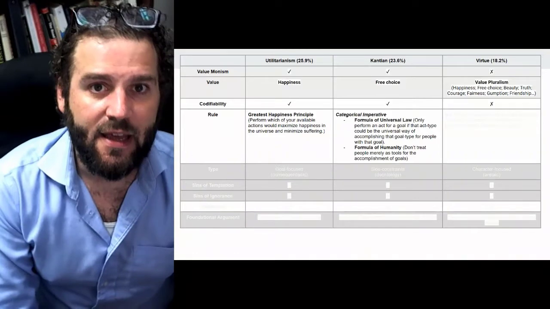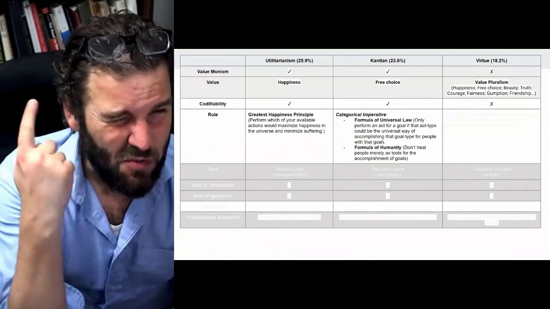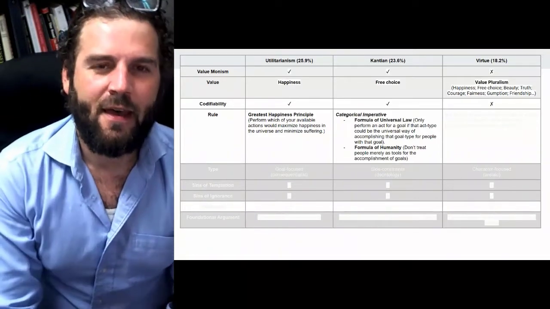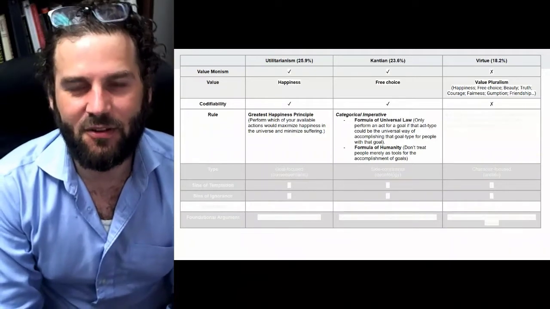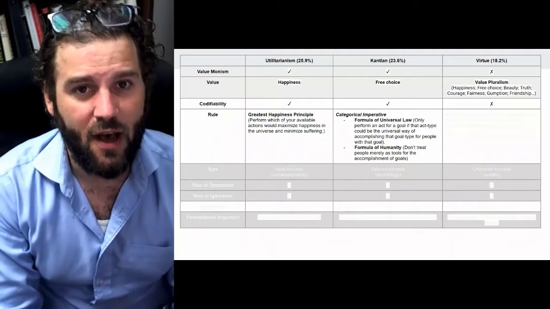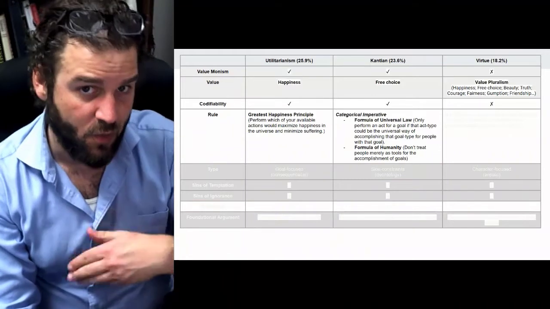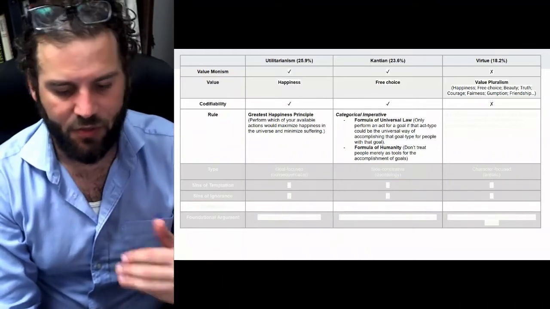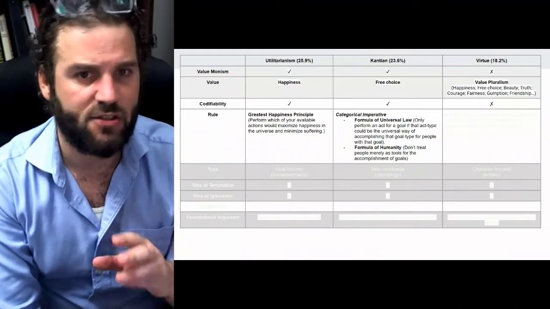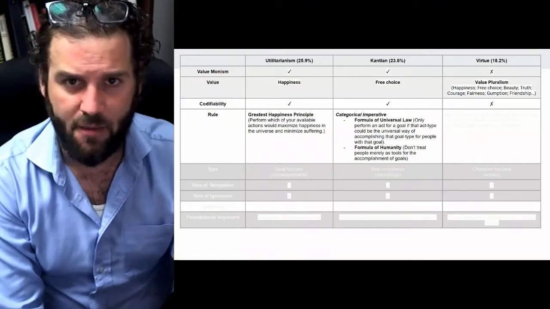The Kantians are also going to say there's just one moral rule, but there's at least two candidates for it. Kant himself is the originator of Kantian ethics. Don't think of Kantian ethics as just trying to explain what Kant thought.